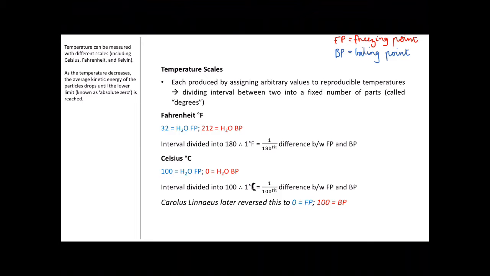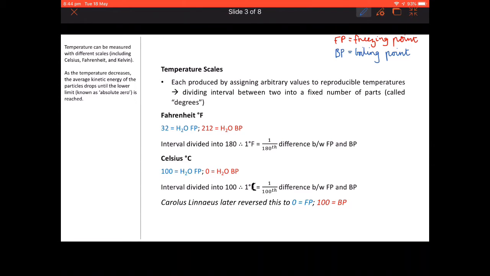With Fahrenheit, the arbitrary value assigned to the freezing point of water, so FP, I've done a little key up the top here, so FP is freezing point, BP is boiling point. The arbitrary value assigned to the freezing point of water was 32, and to the boiling point of water was 212.